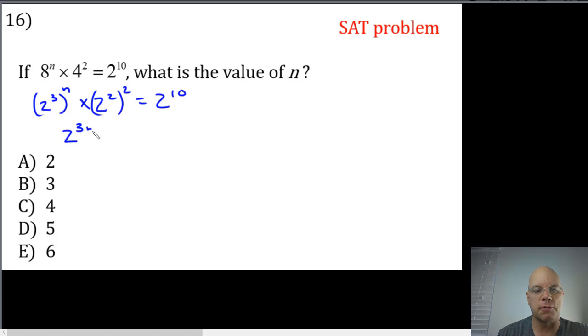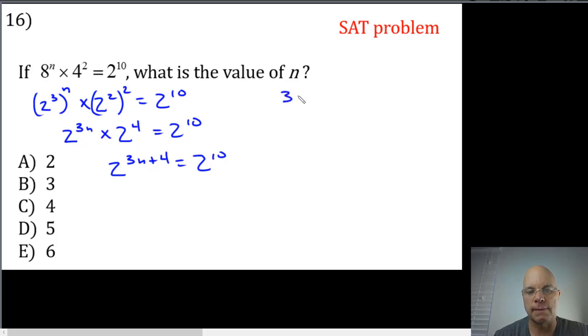So 2 to the 3n times 2 to the, again, 2 times 2 here, so 4. And if we're multiplying powers with the same base, we can add the exponents. So I can write this as 2 to the 3n plus 4 equals 2 to the 10. So that must mean 3n plus 4 equals 10.